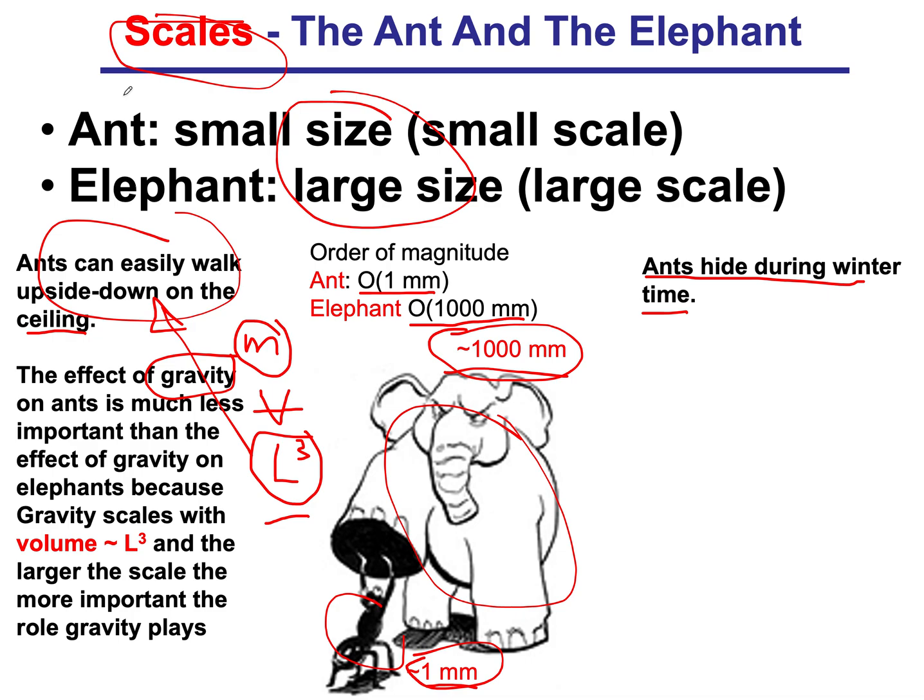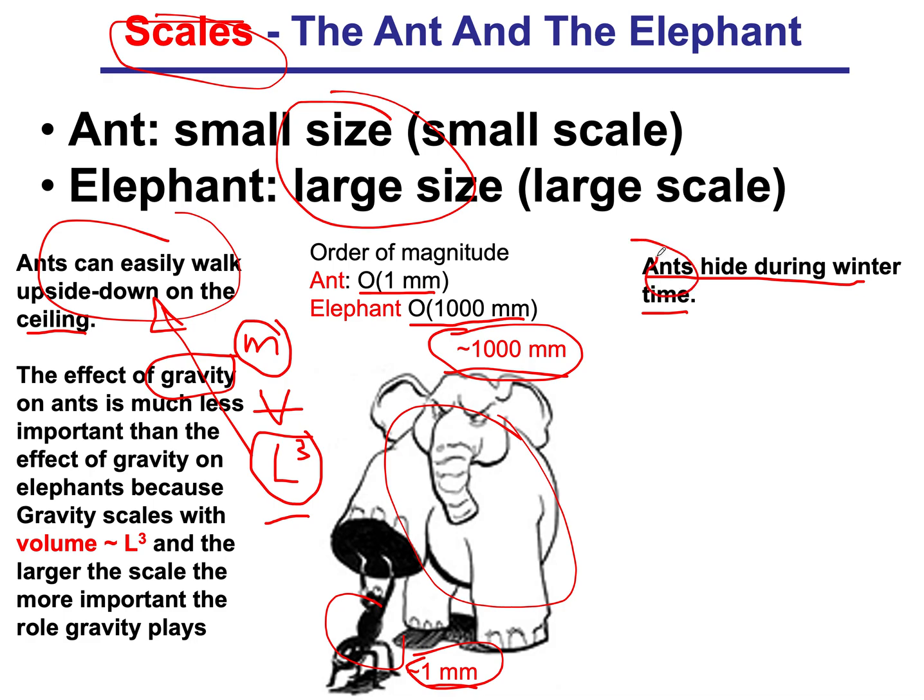And we want to go in the next slides to talk about fluid systems, but here let's try and just show that this actually works in real life in a very large number of situations. So why do ants hide during the winter?